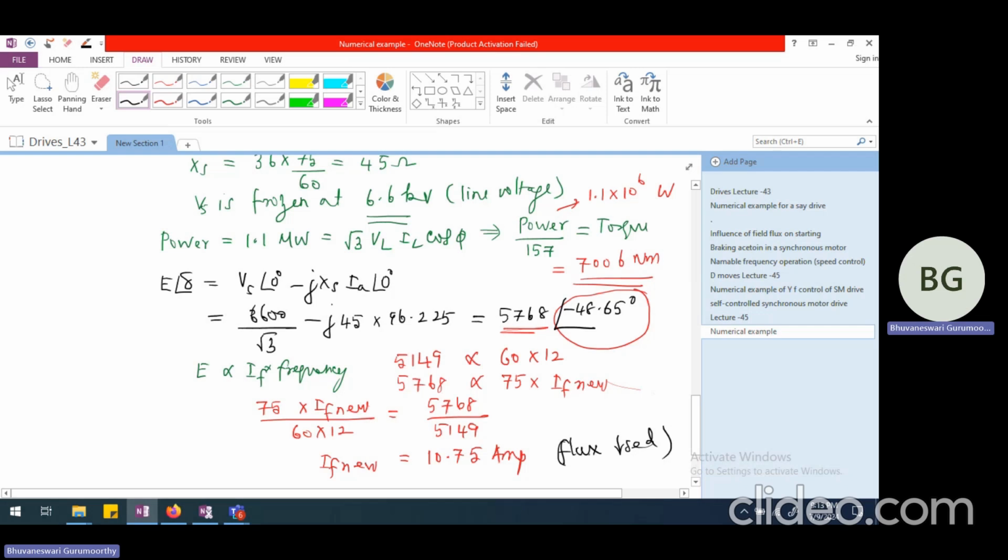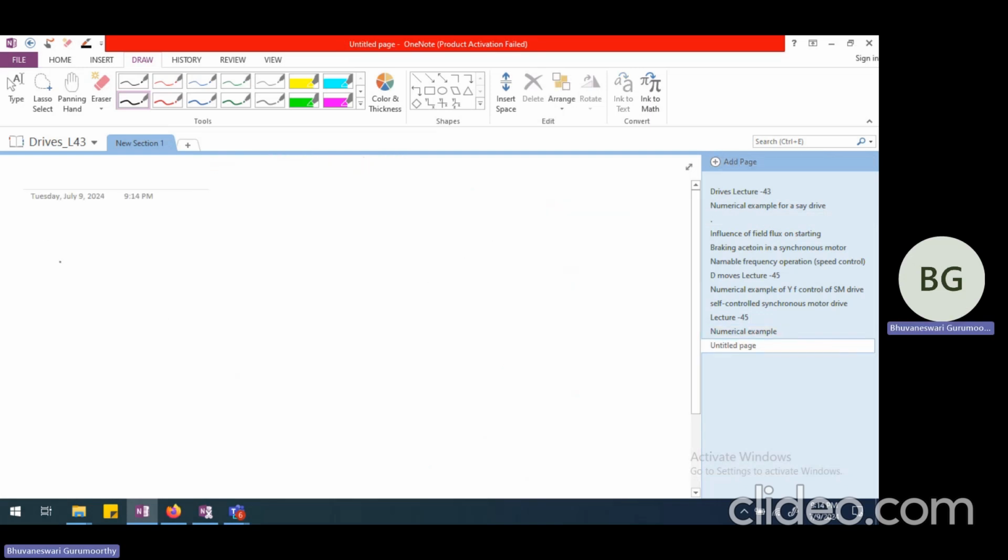The only disadvantage in this case is that for every variation in the frequency, the motor will go through hunting oscillations, and after hunting oscillation, it will settle down at the new speed. If an application does not tolerate hunting oscillations, this kind of V by F control will not work well.